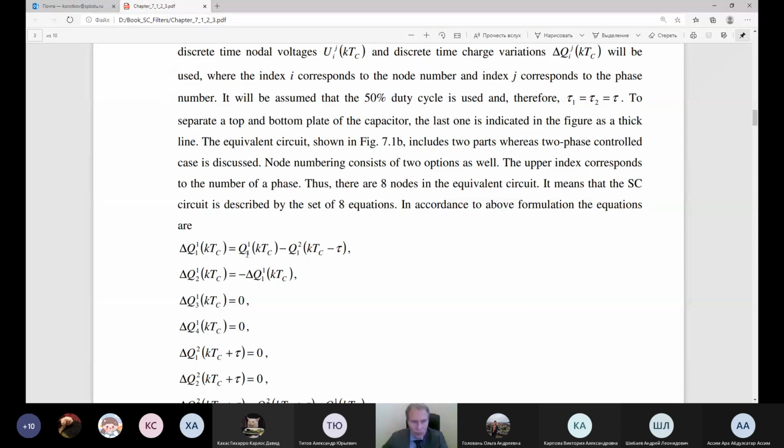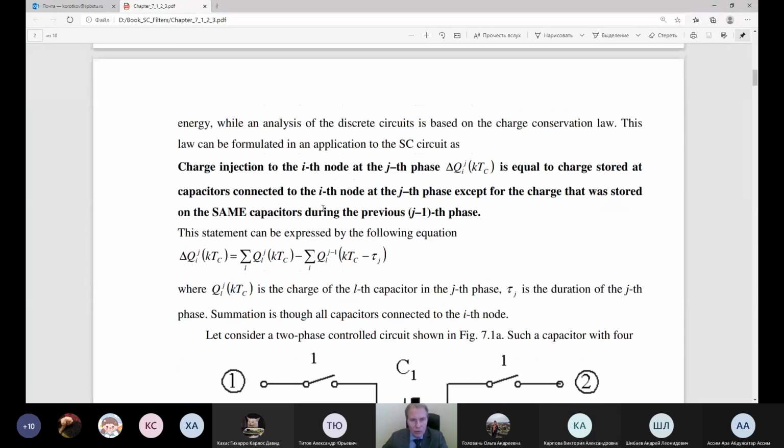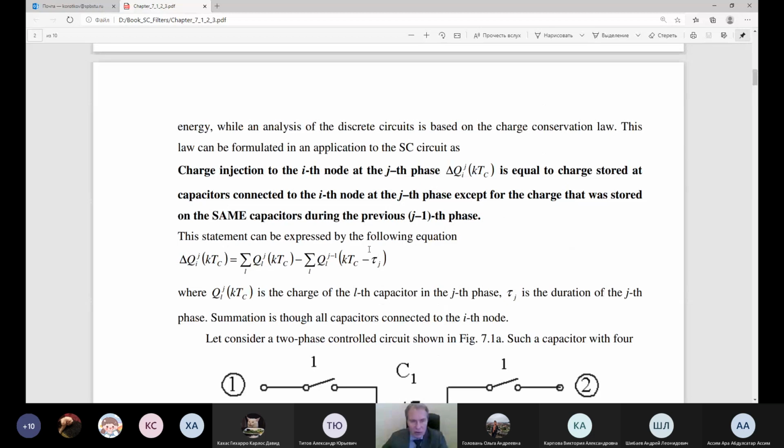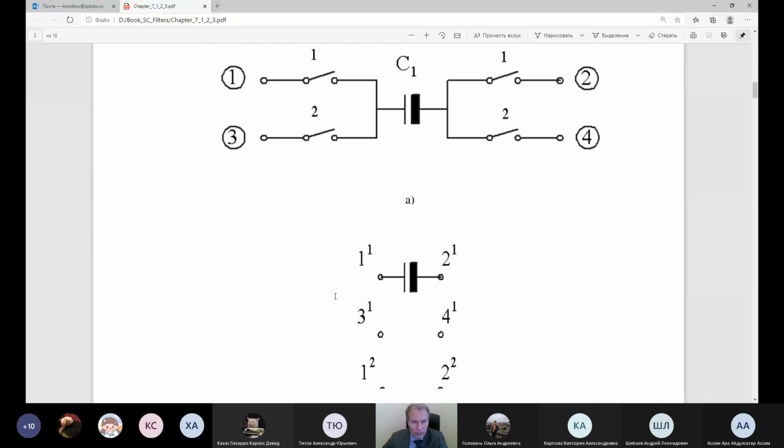It is Q on capacitor 1 on the first phase at the time slot. And it is necessary to subtract, look, the charge which was on the same capacitor 1 one clock before.